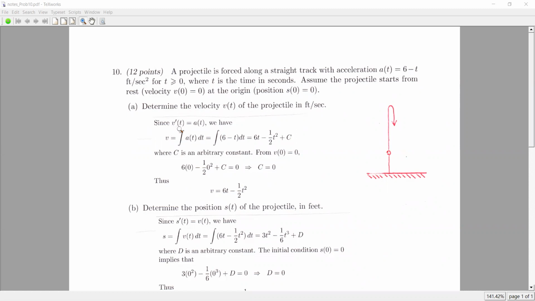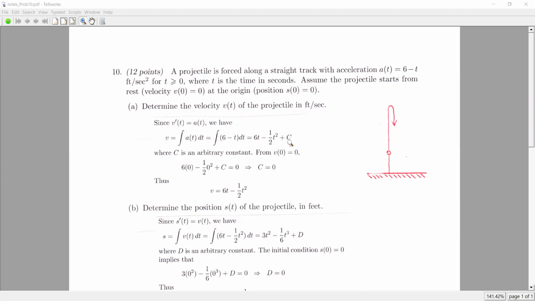Since the derivative of velocity is acceleration, velocity is an antiderivative of acceleration. Plug in 6 minus t for a, then I have this equation. The antiderivative of 6 minus t is this function.